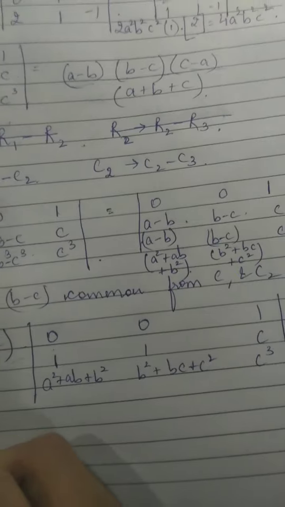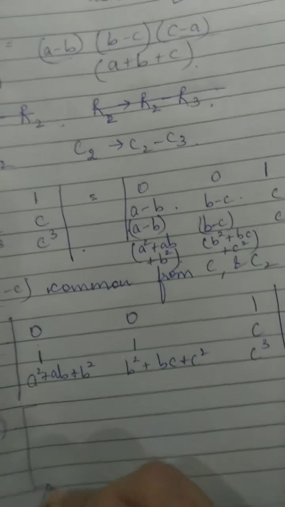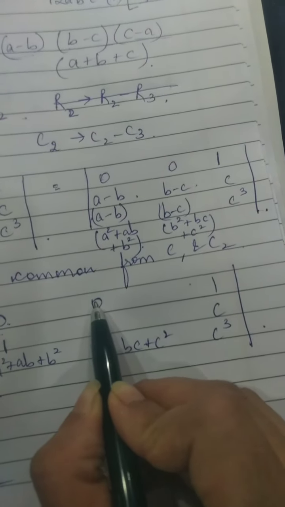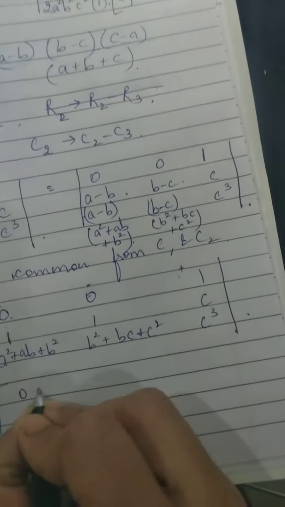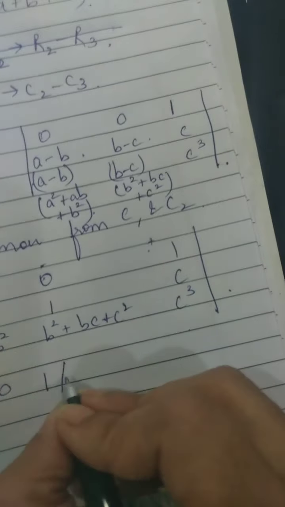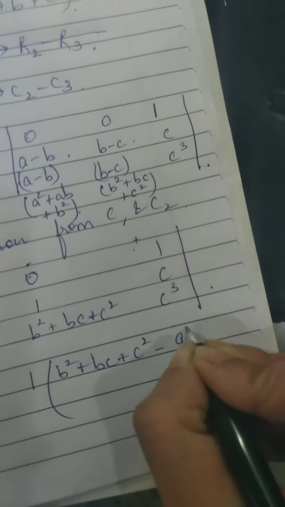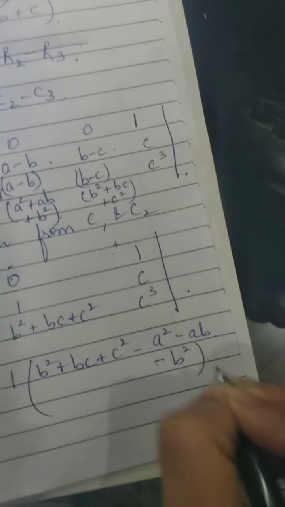So if we expand across row 1, remember first and second will come out to be 0. This is positive, this is negative, this is positive. So 0 plus 0, 1. We can eliminate this. Cross multiply. B square plus BC plus C square minus A square minus AB minus B square.